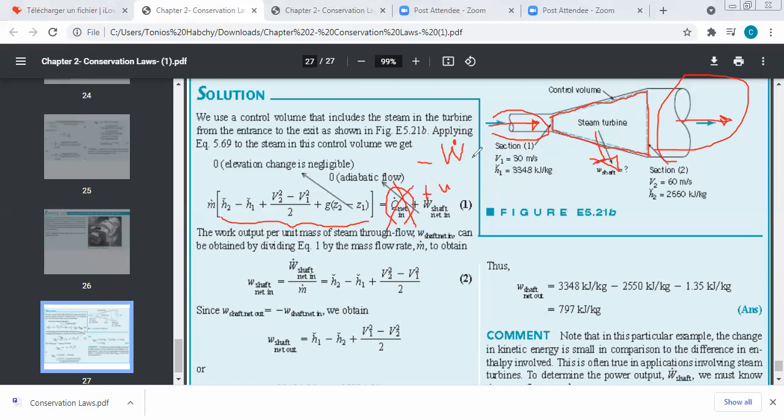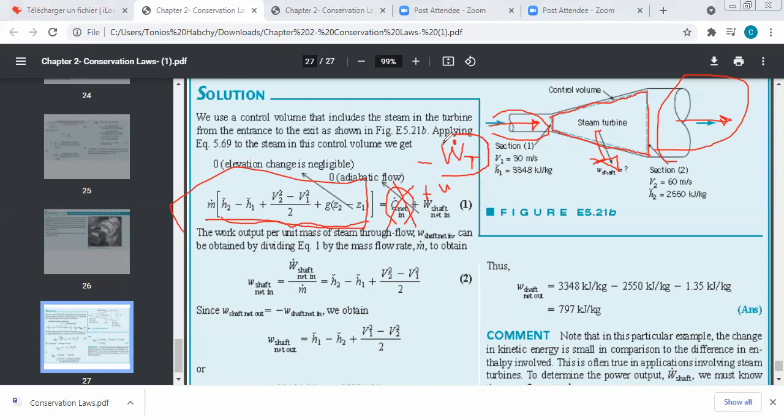So in total, I will have minus W T. And you will expect that since work is going out, the energy of your outlet flux will be lower than the energy of your inlet flux. This is why when you do this balance, you will get a negative result. So when you do m dot times energy out minus energy in, you will get a negative value, which is equal to minus W dot turbine, and you can deduce what W dot of your turbine is.